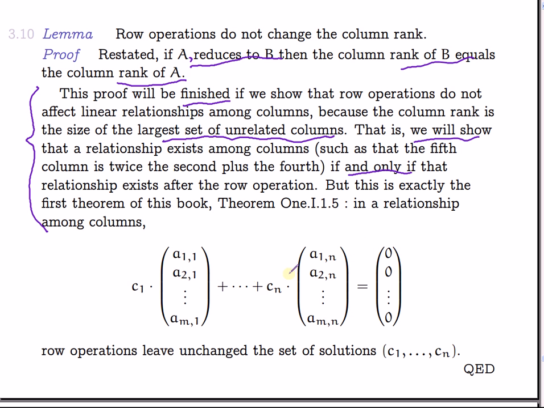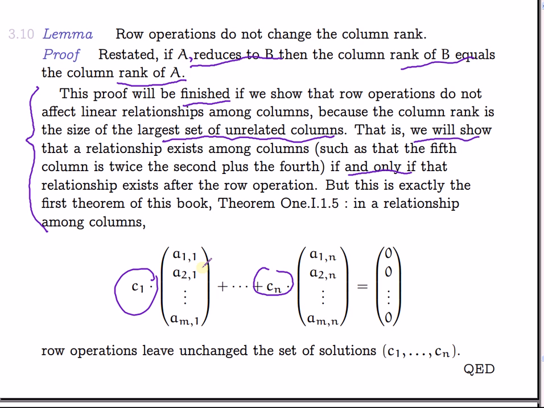So we can think of this as a linear dependence relation among these columns. And if I do row operations on the matrix corresponding to these column vectors, according to that theorem, that's not going to change the solutions for the c_i.